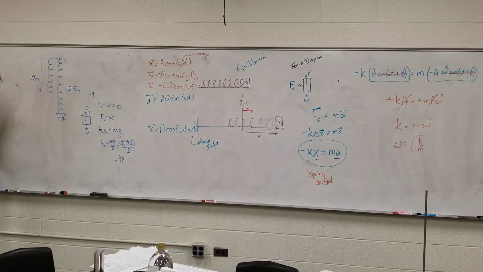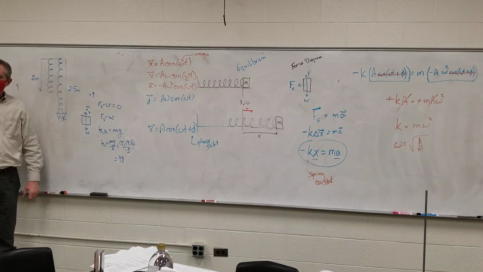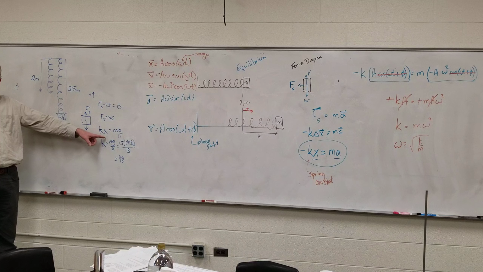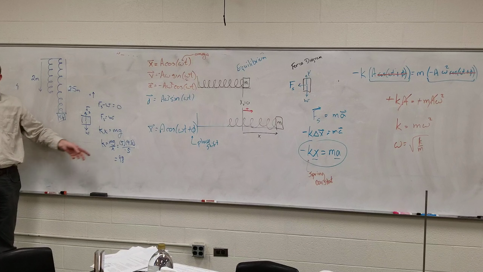98. 98 what? Newton seconds? Not momentum or impulse. Newton meters? Not energy or torque. Spring constant is Newtons? What are the units of the weight? Newtons, kilogram meters per second squared.